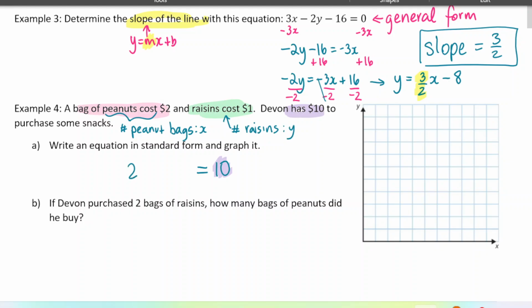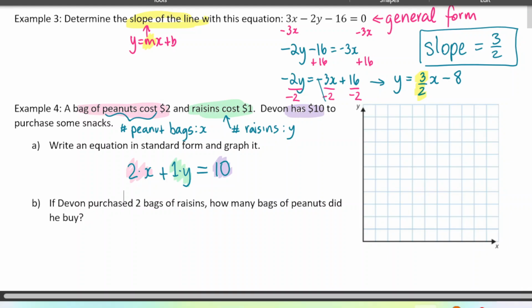So we have $2 times the number of peanut bags that we buy, we don't know that number, would be 2 times X plus $1 times the number of raisins we buy has to add up to 10. So that's how you set up your equation. Just like that, and it's in standard form.